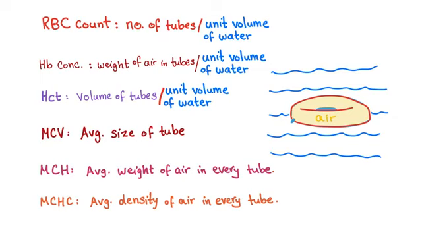Hematocrit is the volume of the tubes, okay, not the weight, the volume of tubes, which is the same as the volume of air inside the tubes per unit volume of water. MCV will be the average size of tube, okay? Is this tube large, high MCV, or small, low MCV? MCH is the average weight of air in every tube. MCHC, we said, is the average density of air in every tube.